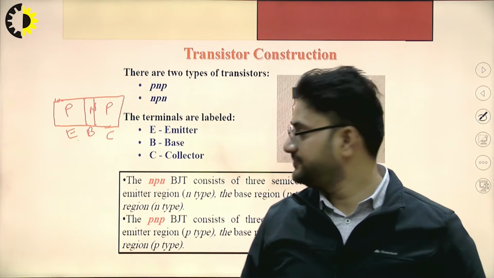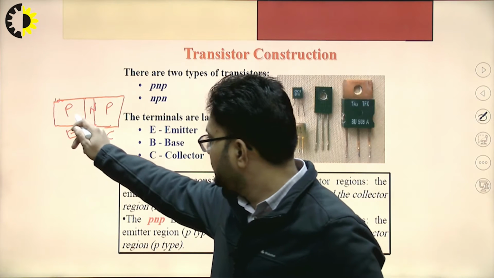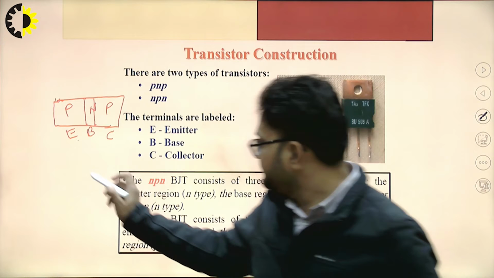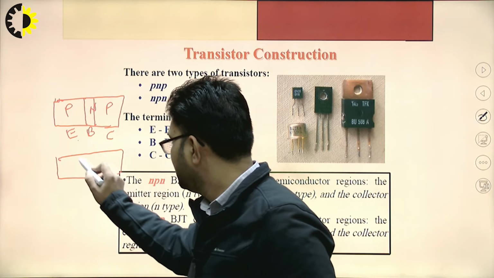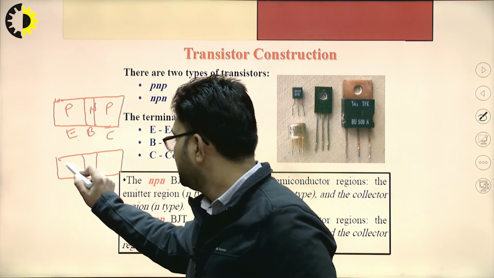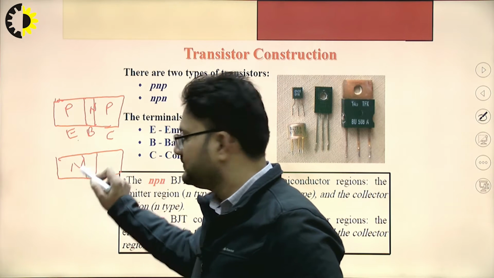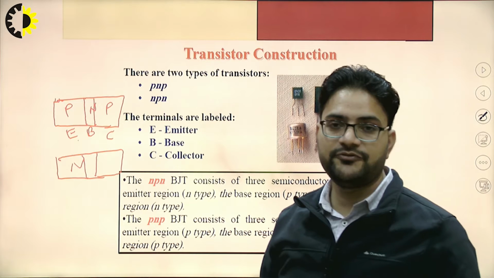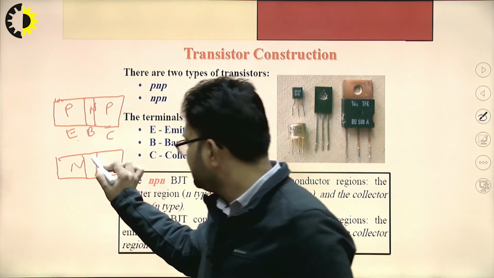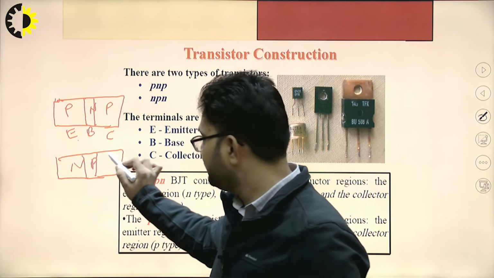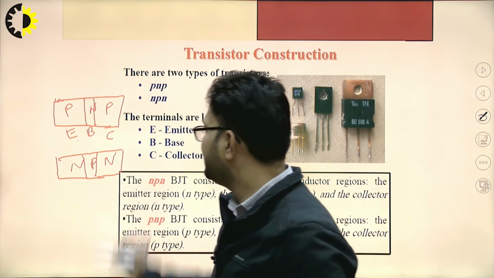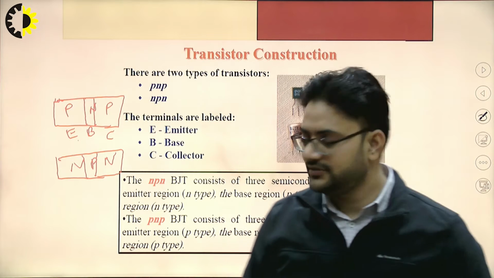Then in the NPN transistor, this emitter side is made up of N type of material. This base side is made up of P type of material and this collector side is made up of N type of material, right?